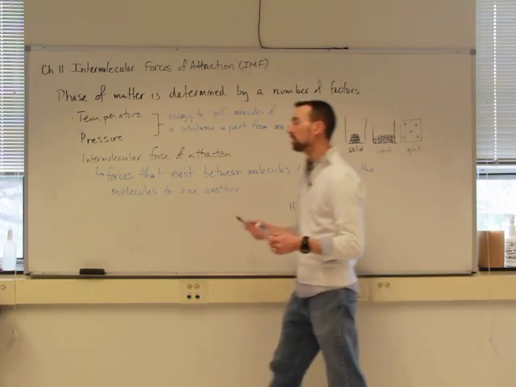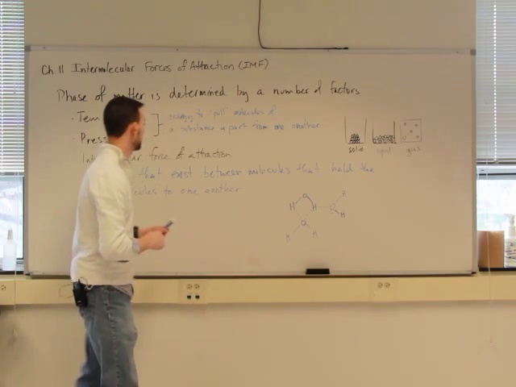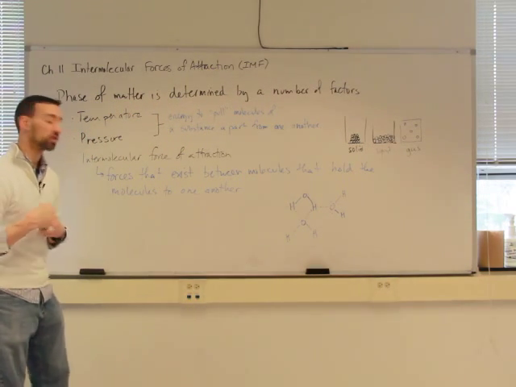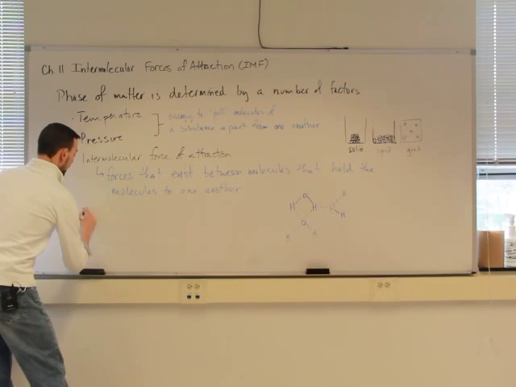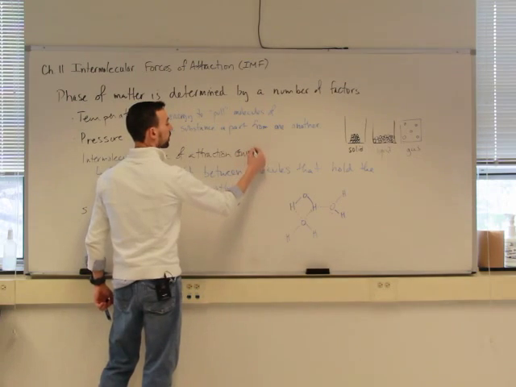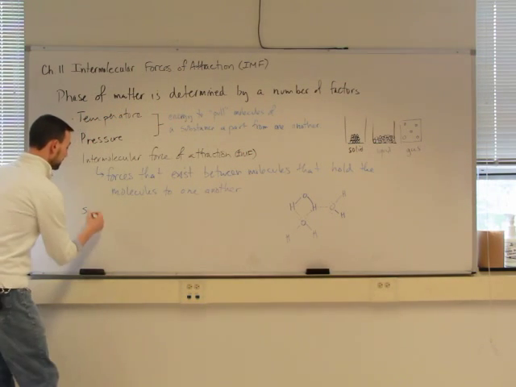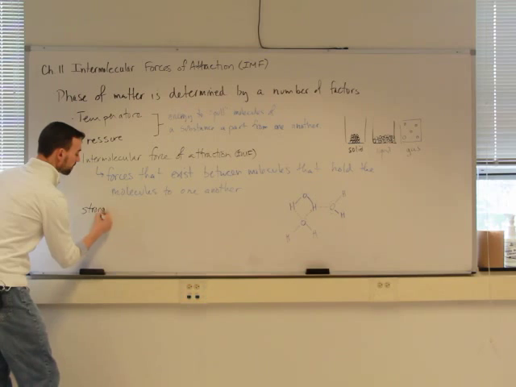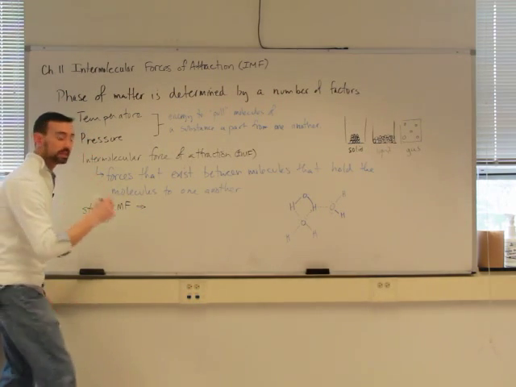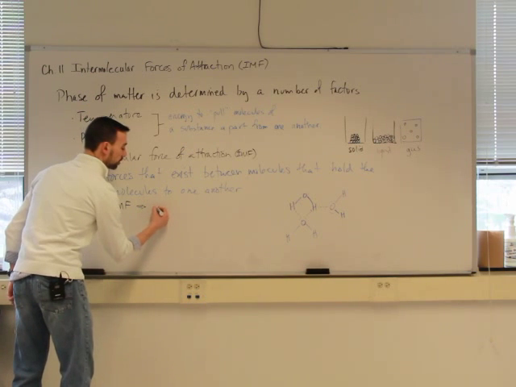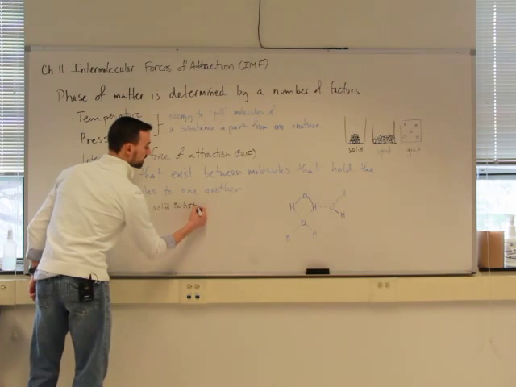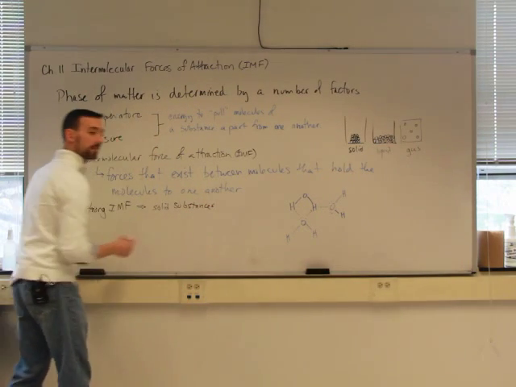And there are several different varieties of intermolecular forces, some which are very strong and some which are very weak. The IMFs, intermolecular forces of attraction, just for short, IMF, okay? The strong IMFs tend to, but not always, lead to solids, substances that exist in the solid phase, all right?